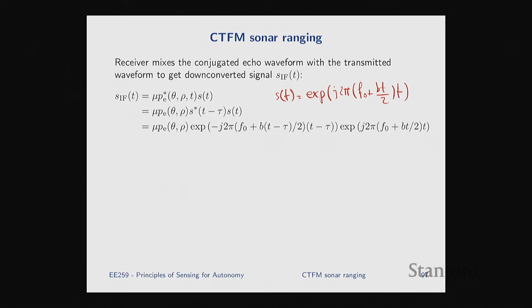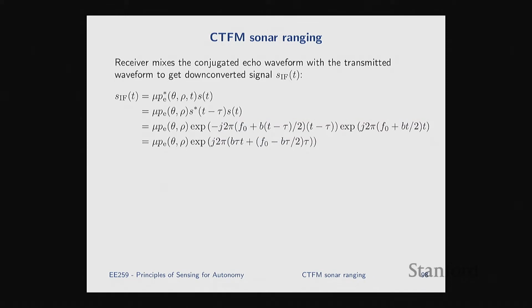This was mathematically what the linear frequency chirp is. So you just plug that in, right? This here is our S of t, and this term is the S star of t minus tau. That's why this has a minus sign. And then a lot of things simplify. It's just two exponential terms getting multiplied out, and you do the math.